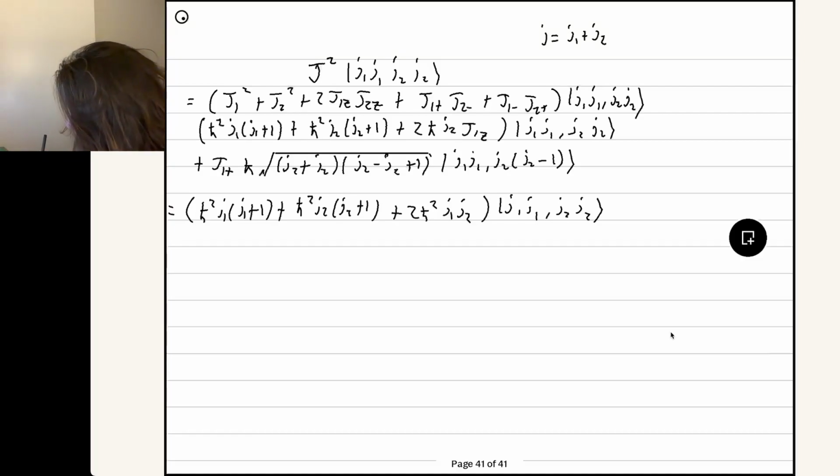We'll factor out an h bar squared from all that, and then expand those J1 J2 terms.